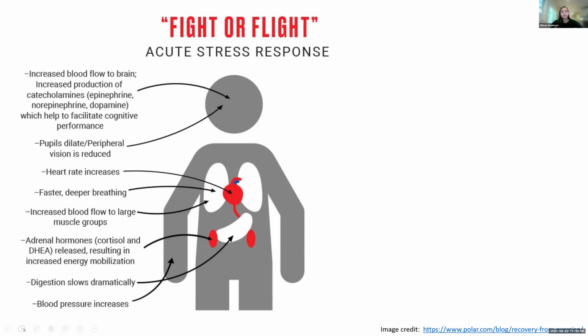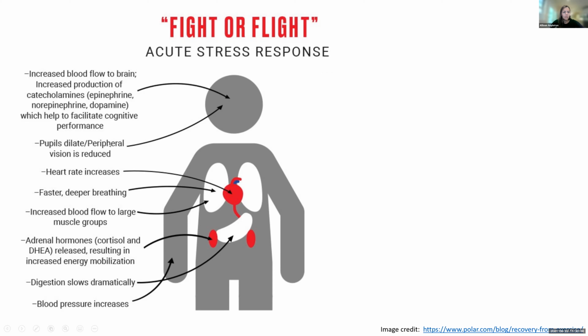Now, I wanted to spend a minute talking a little bit about that physiologic response, that quote unquote fight or flight response, and why it's relevant and important for thinking about how stress influences health over time. So when you have this acute stress response, this is what our body has been designed to do, to mobilize a response to a threat in our environment.